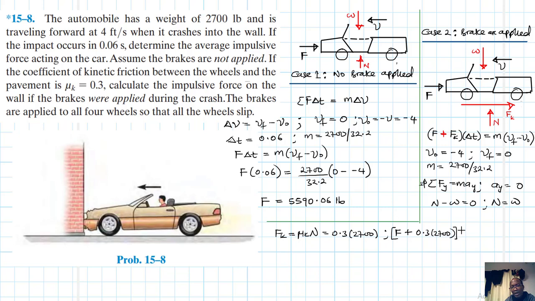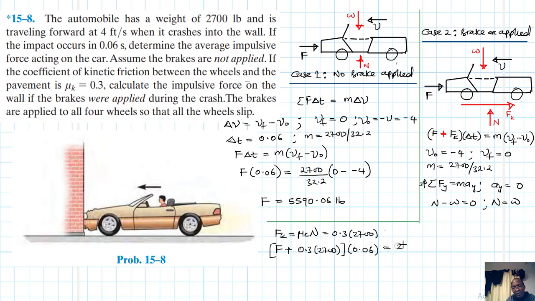Alright, then this times the time it takes, which is just 0.06. Then this is just equal to, let me write this somewhere down here. My space is limited. So we are saying F plus 0.3 by 2700, and this one by 0.06.